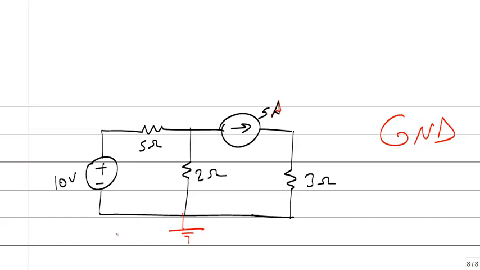The analysis of the circuit will be easy if you select the negative side of the voltage source. In this circuit, this current comes from the 5 ohm and 2 ohms, and it goes on the 3 ohm resistor.